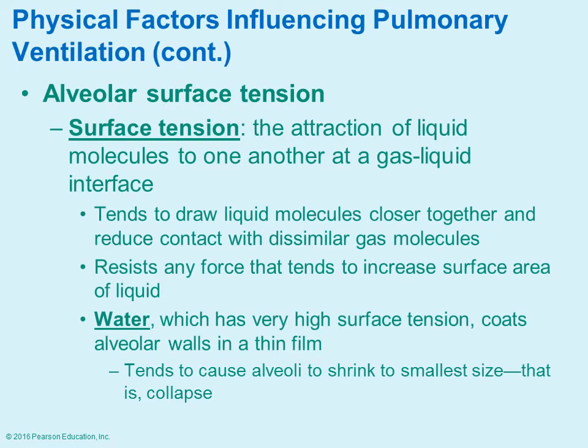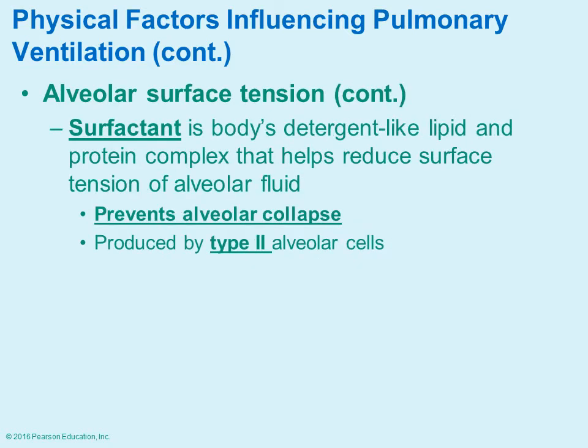again it's the inverse. In terms of surface tension at the alveoli, surface tension is the attraction of one liquid molecule to another right at the gas-liquid surface. Water tends to have a very high surface tension, and the problem if it was just water by itself in the alveoli is that it would trigger the alveoli to shrink and basically collapse.